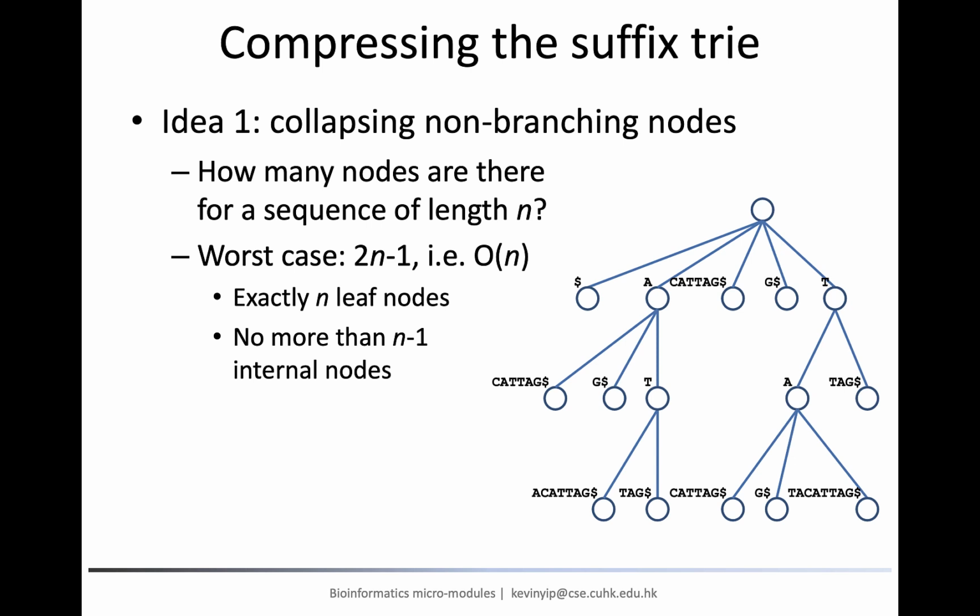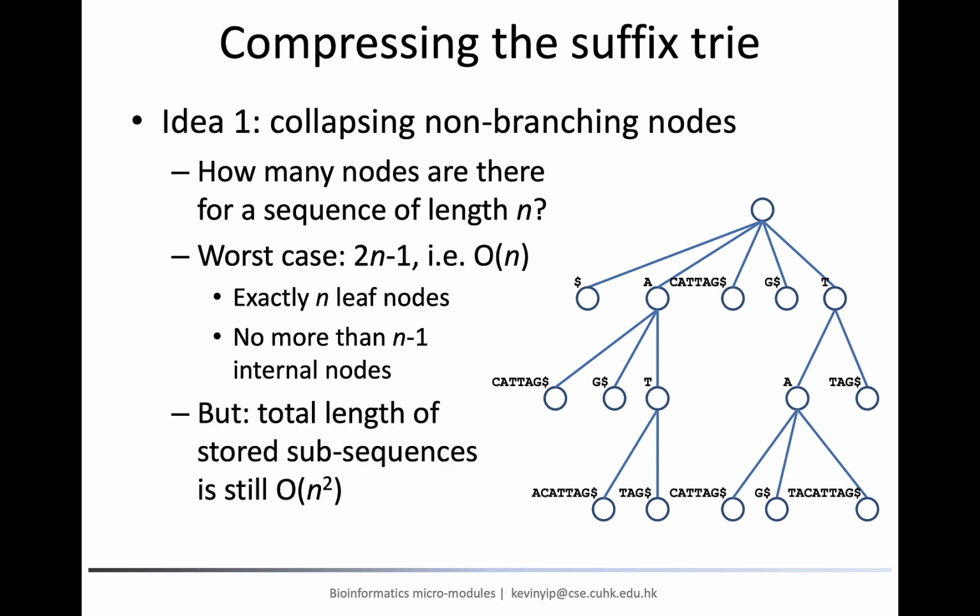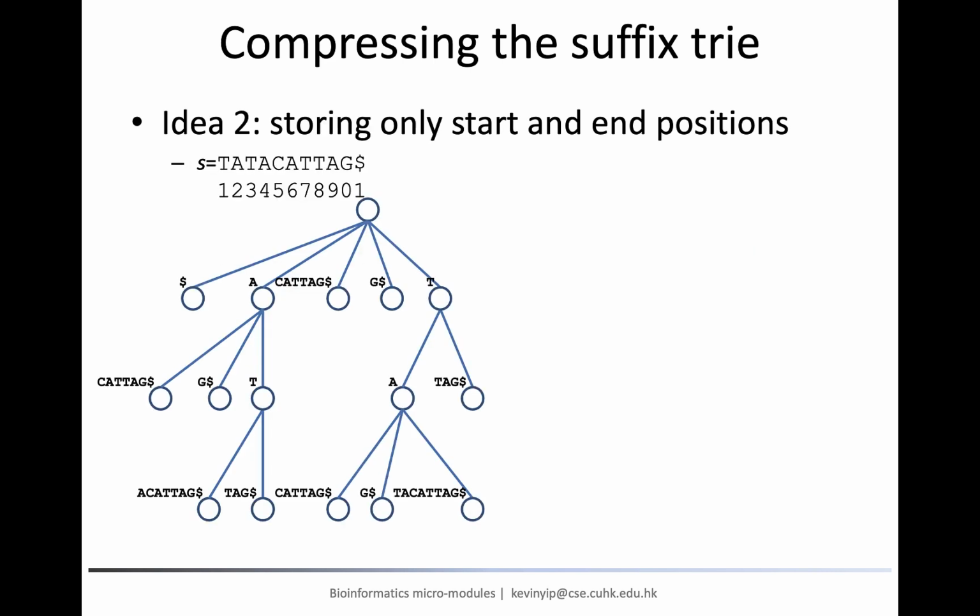Although the number of nodes is now linear with respect to the length of the indexed sequence, storing the subsequences in the nodes is still a big problem, since their total length can be of order n squared. To tackle this problem, we use a second idea, which is to store only the starting and ending positions of each node label.